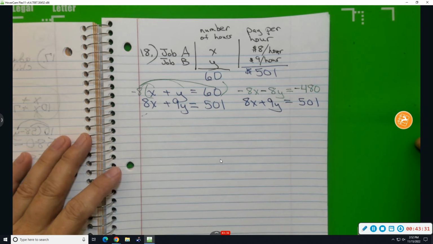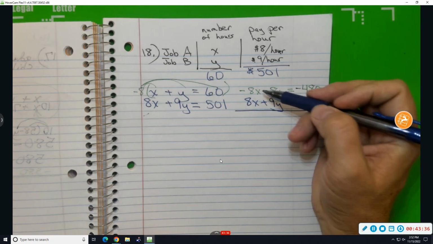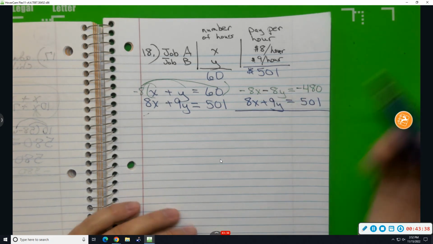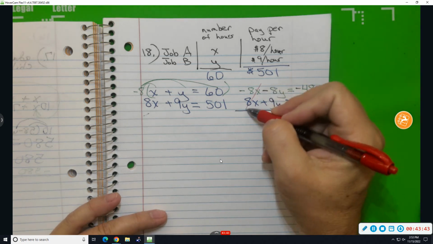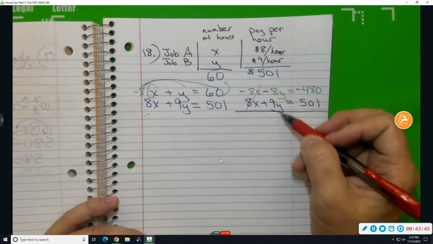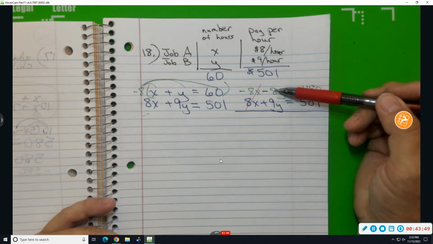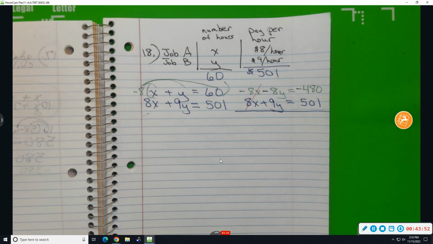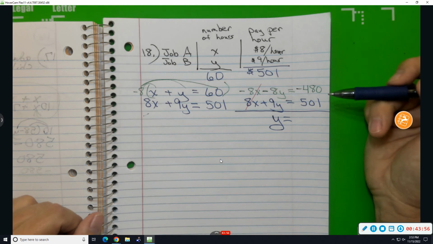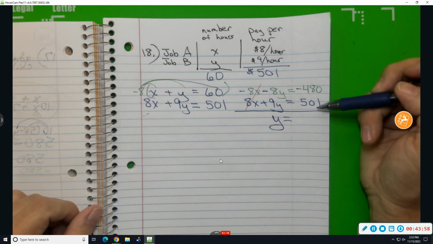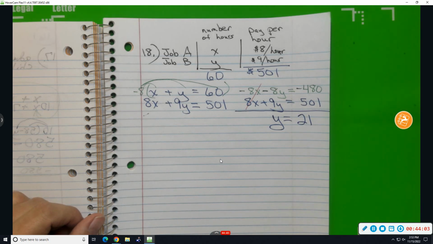Oh, this is falling out so nicely. Negative 8x plus 8x. That's gone. We've eliminated the x's. What are we going to get here when we combine the y columns? Negative 8y plus 9y. I agree with a 1y. Negative 480 plus 501. Is that giving me a positive 21?